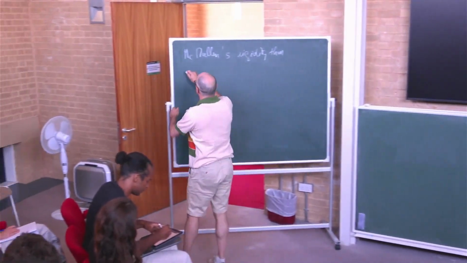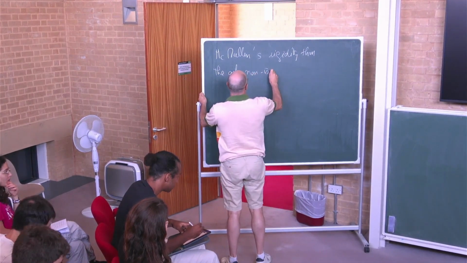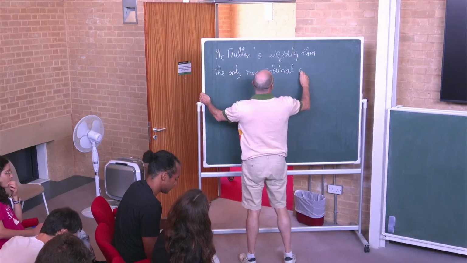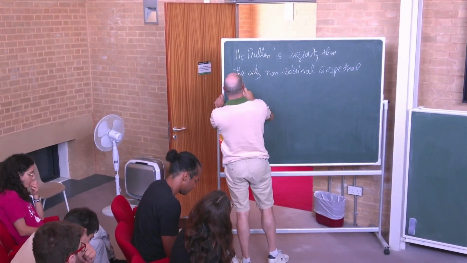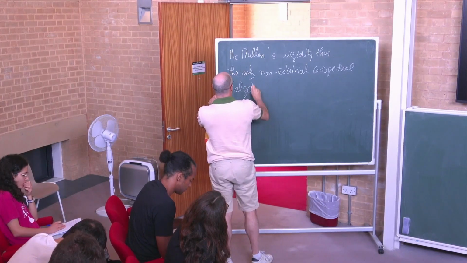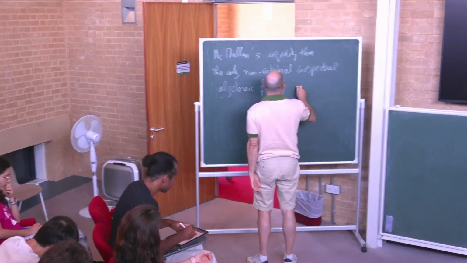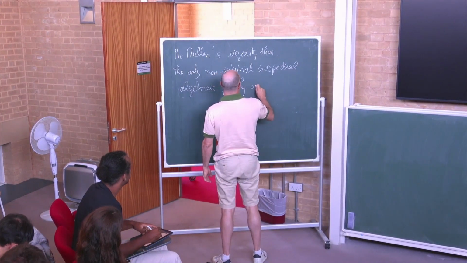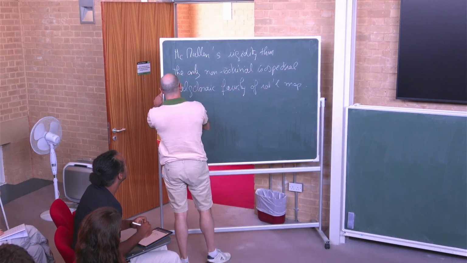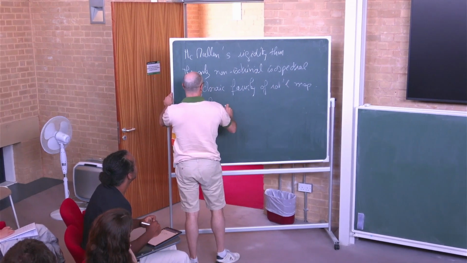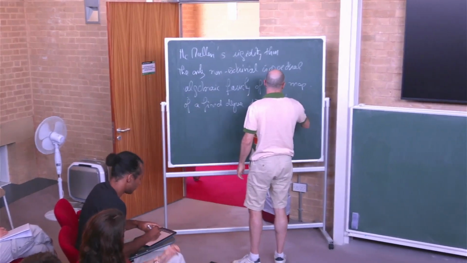The only non-isotrivial, isospectral, algebraic family of rational maps of a fixed degree d is the family of flexible Lattès maps.